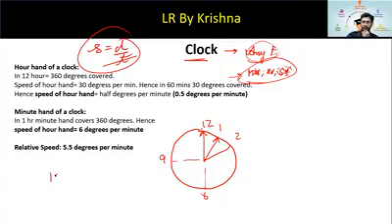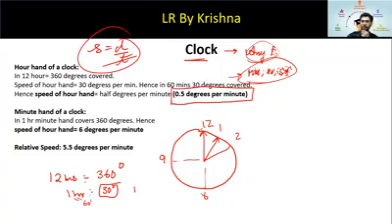So you can understand that in 12 hours, this hour hand will cover 360 degrees. So in 1 hour, this hour hand will cover 30 degrees. So in 1 minute, it will cover half a degree, because 1 hour has 60 minutes, correct? So I can safely say that the speed of the hour hand will be half a degree per minute. I think there shouldn't be any issue in this.